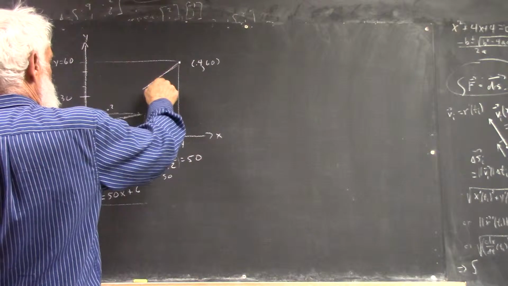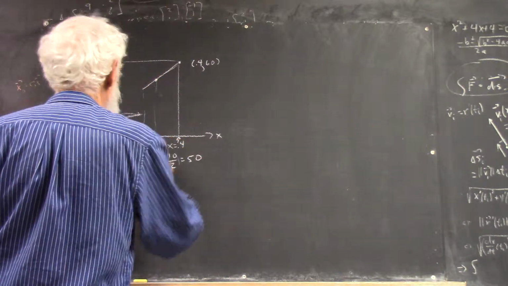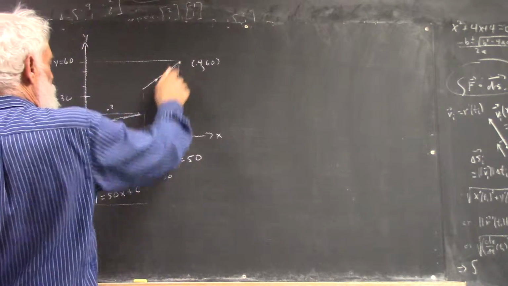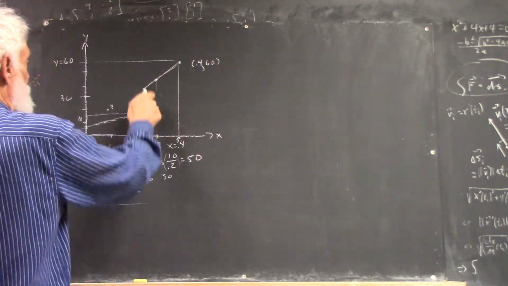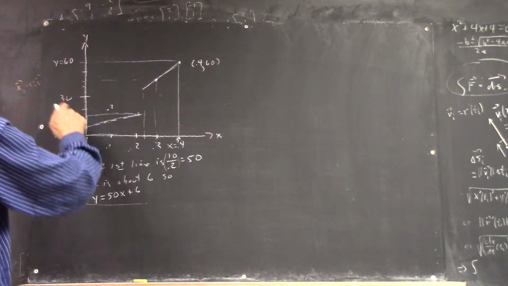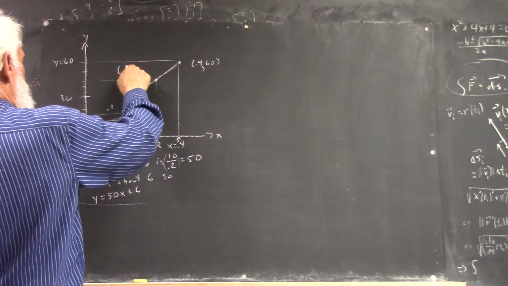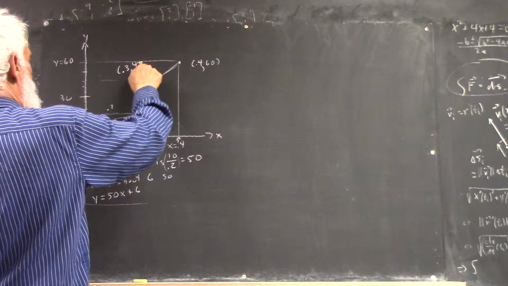But I'm going to choose a point here that's got a nice coordinate. So my run between this point and this point is going to just be 0.1. And I'm going to come over here and say that looks like it's about 43. So this point is 0.3, 43.